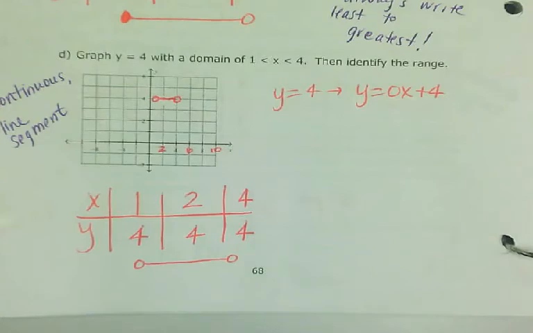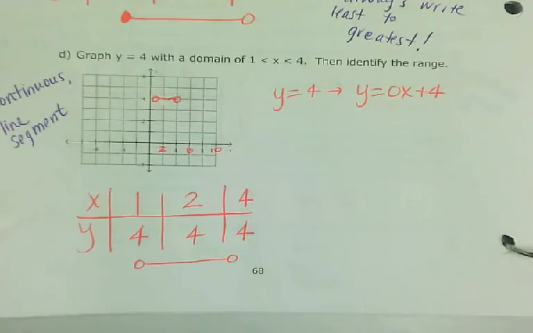So the range is going to be... All right. When I do this, my domain and range are most of the time going to look the same. But do you need an inequality for this range? Because you would have 4 is less than y, which is less than 4.